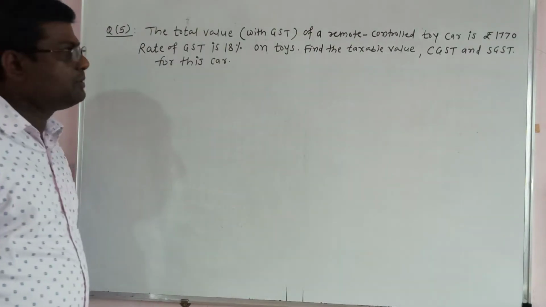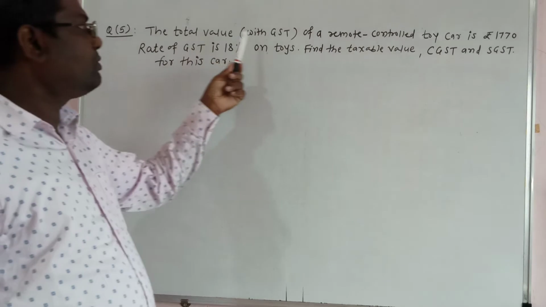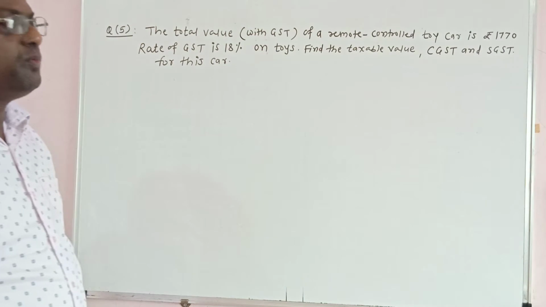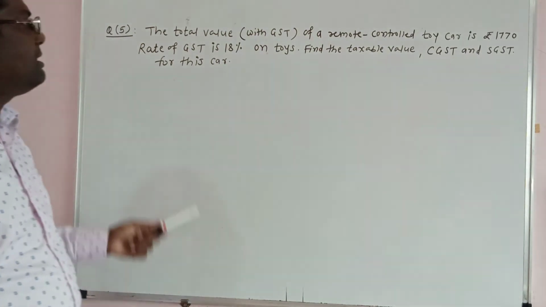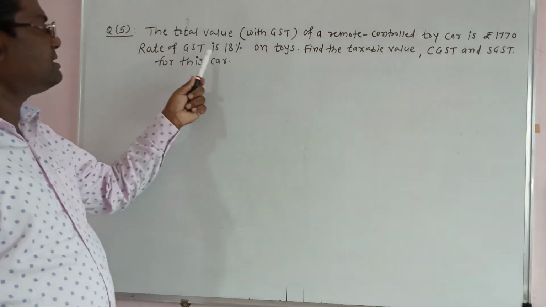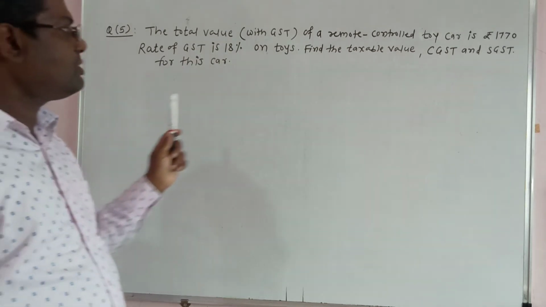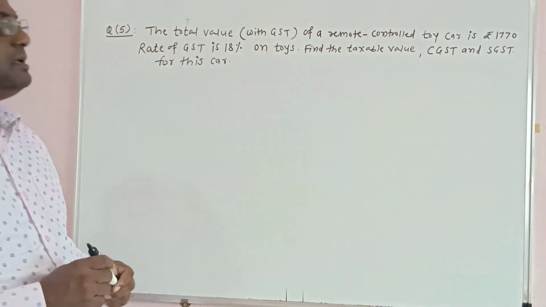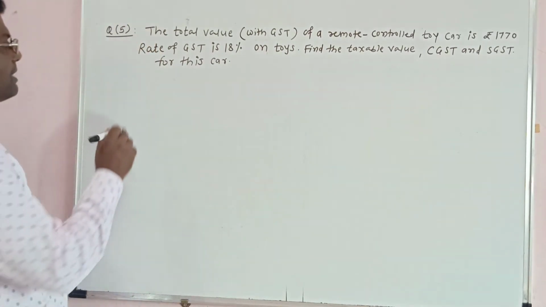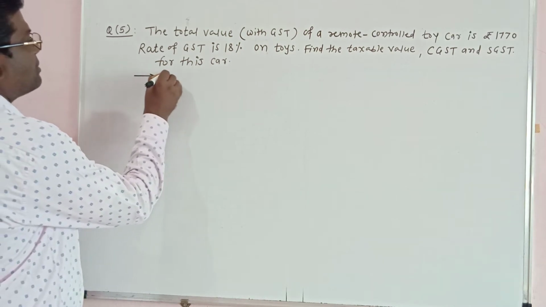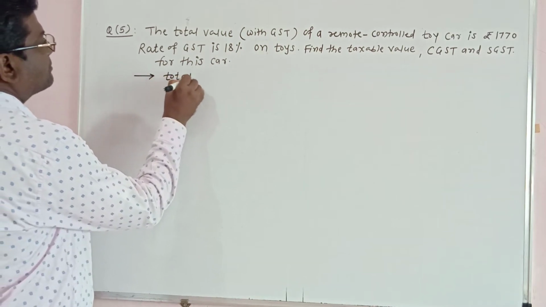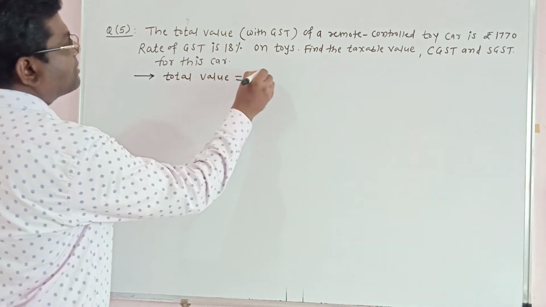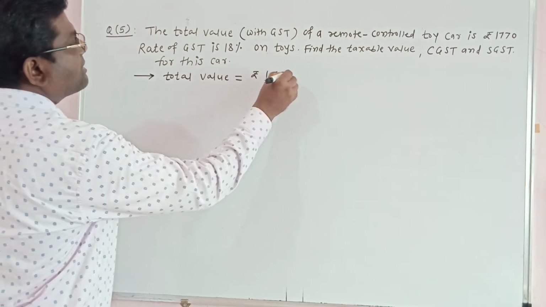Now question number 5. The total value with GST of a remote controlled toy car is rupees 1,770. Rate of GST is 18% on toys. Find the taxable value, CGST and SGST for this car. Now we have given here total value is equal to rupees 1,770.